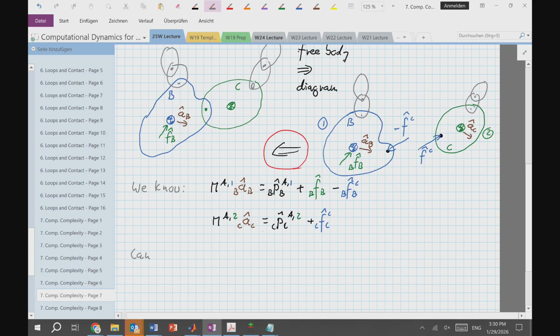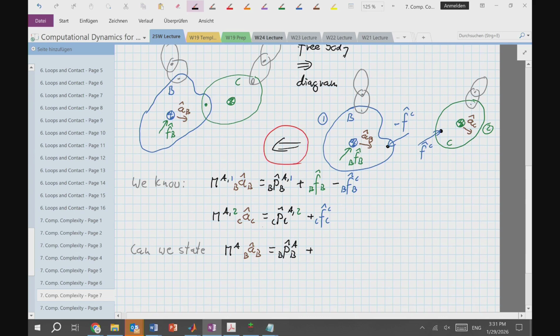We just want to combine these two equations to state a new equation, which says that my combined articulated inertia times the acceleration of body B is equal to the combined bias force plus the force with which I probe the handle.